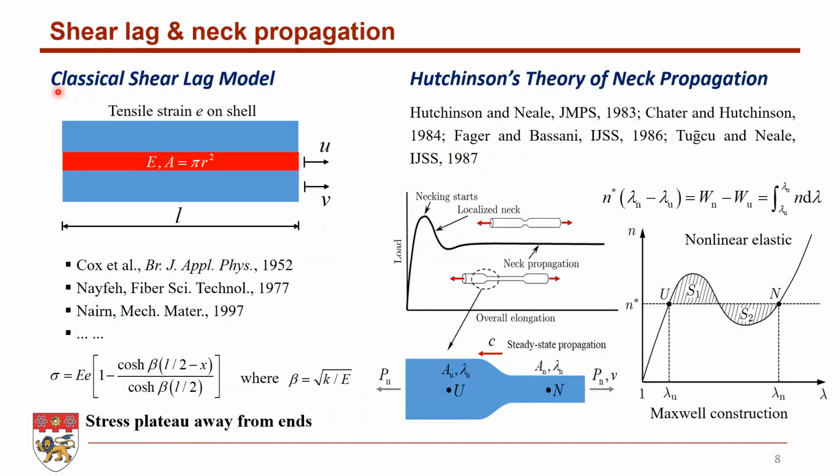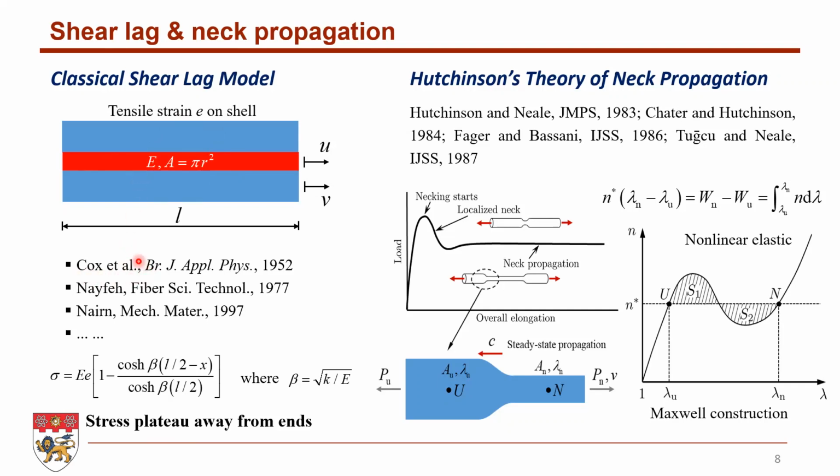First, let's quickly review two relevant theories. The first one is the classical shear lag model, which describes how the load is transferred at the interface and how the stress in the core is distributed in this core shell structure.